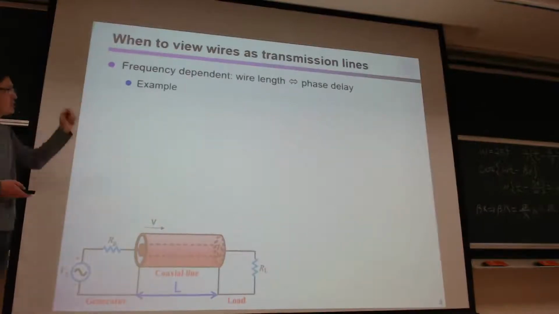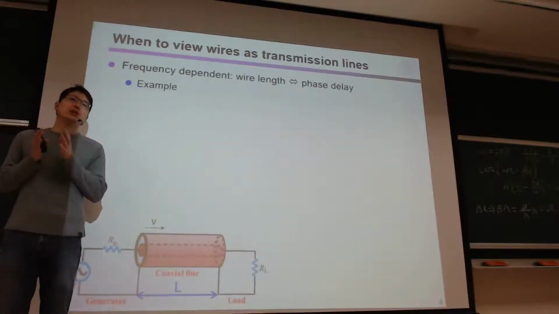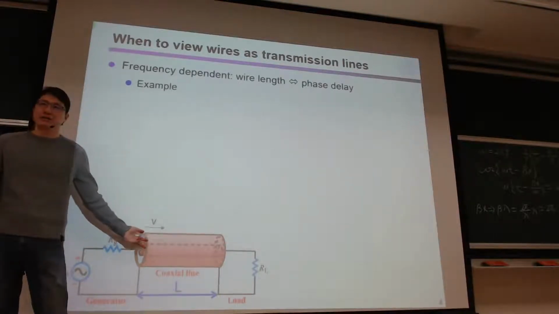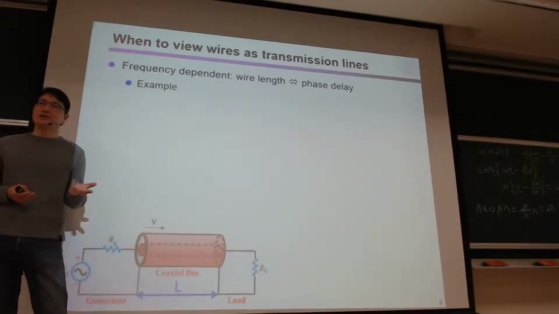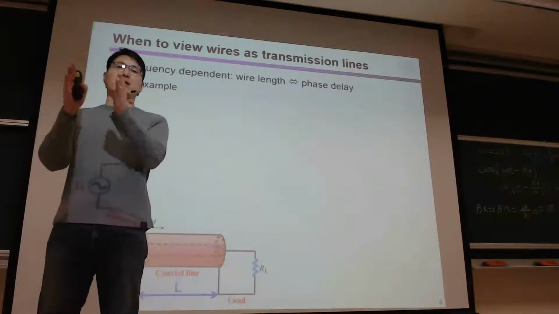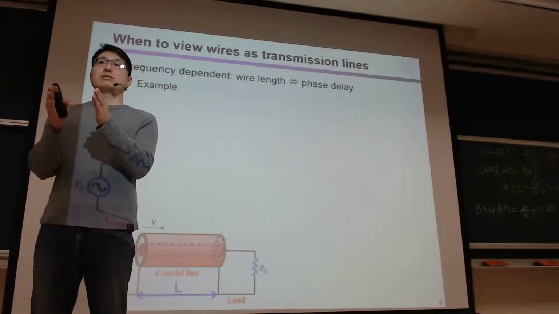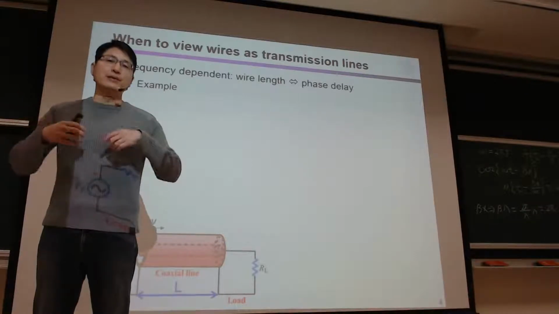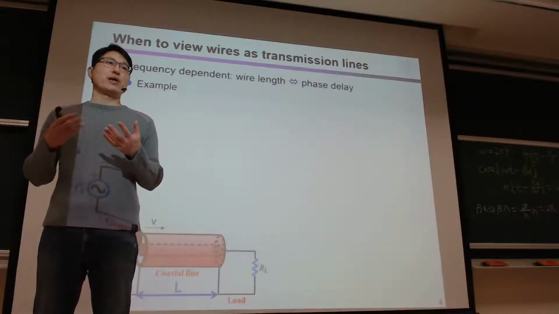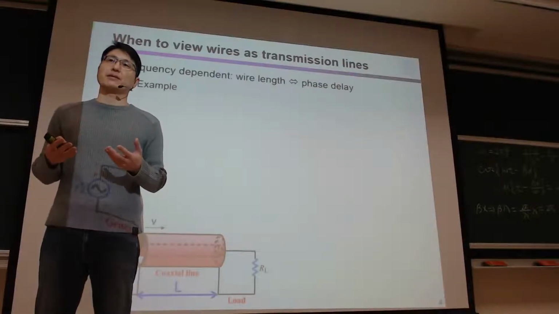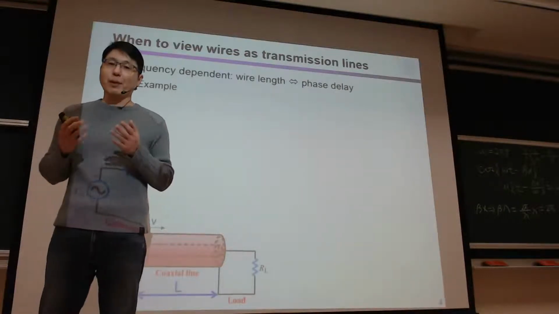So now the question is, when do we view the two metallic wires or metallic particles as transmission lines? So that's something you have to ask. Whenever you see two metallic substances, are they guaranteed to be transmission lines? Do you need the mathematical equations to solve for them as transmission lines? So that's one primary question.